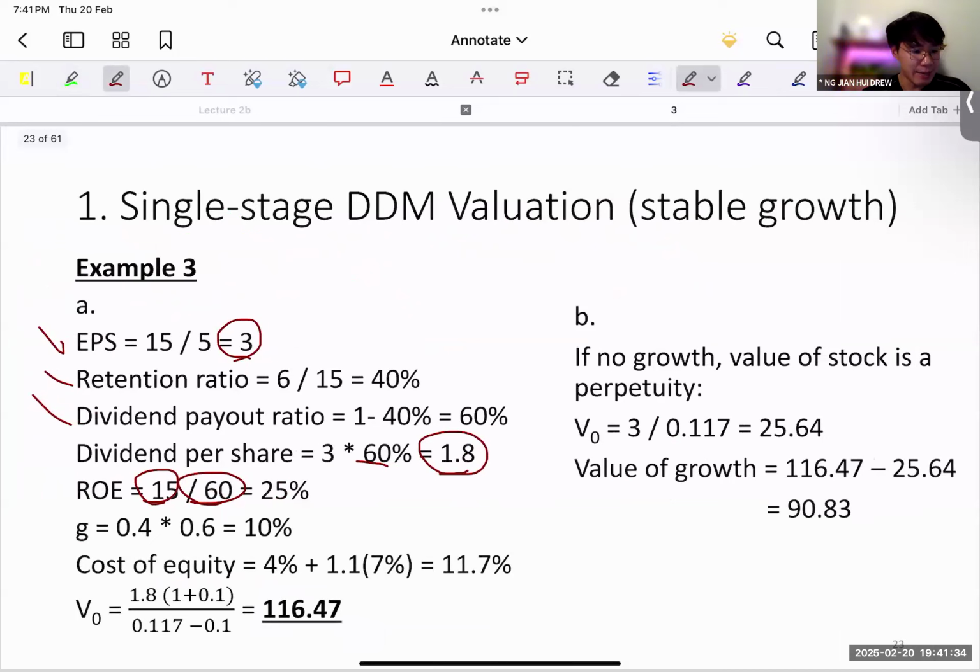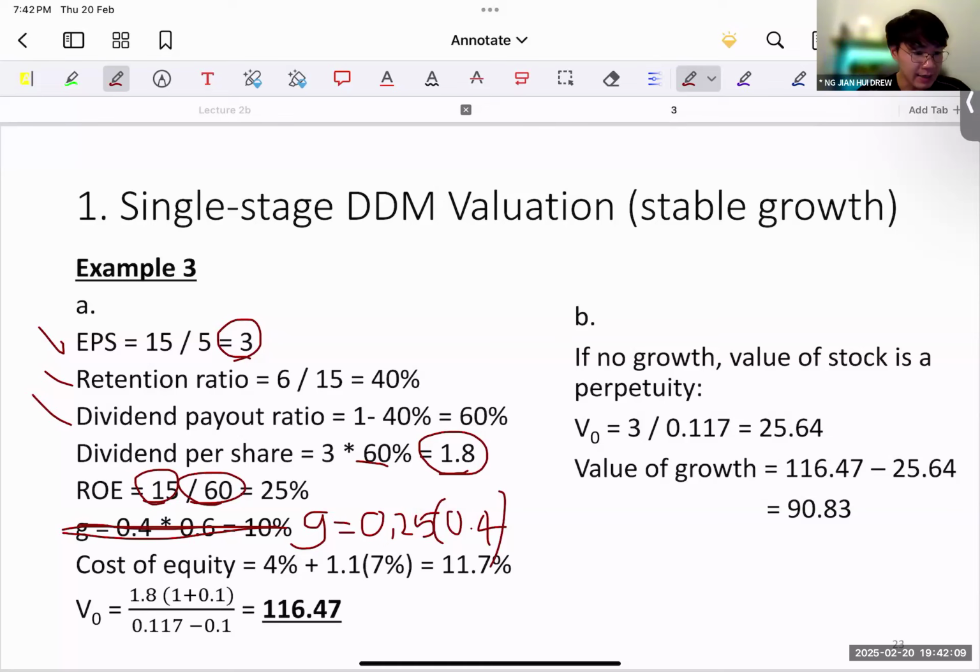Now, there is a big typo here. This is actually wrong. So G should be what? G equals to what times what? Yeah, right? 0.25 times 0.4.